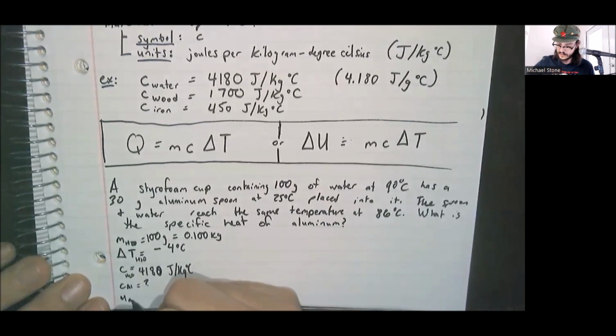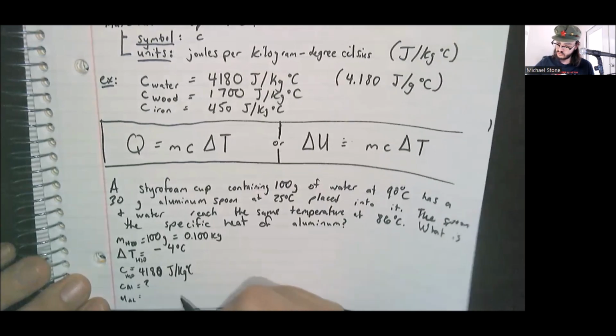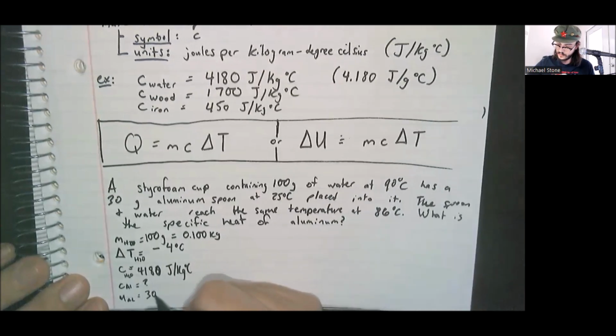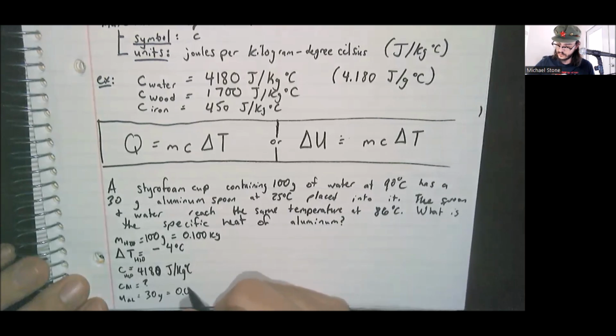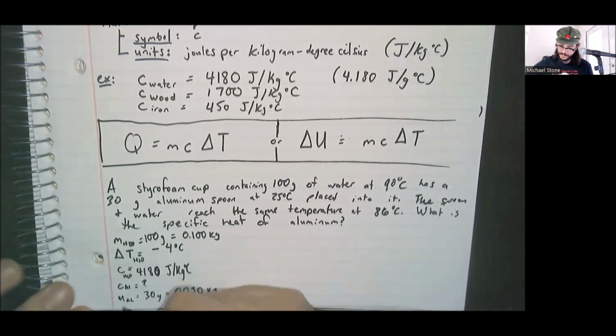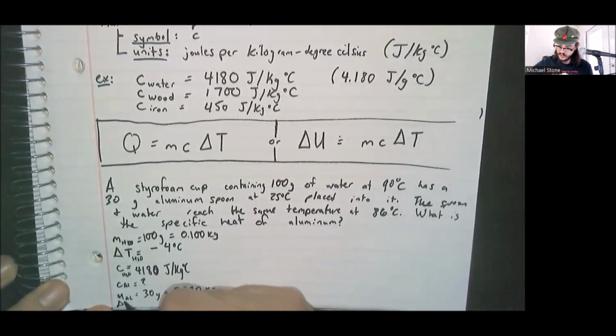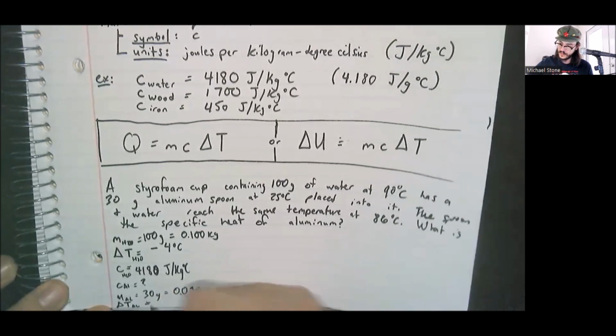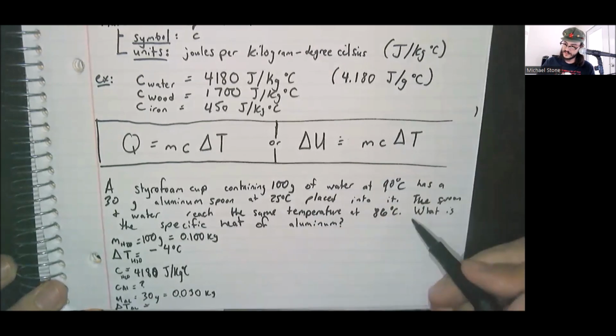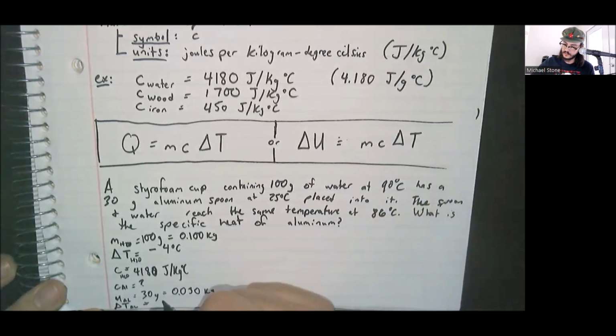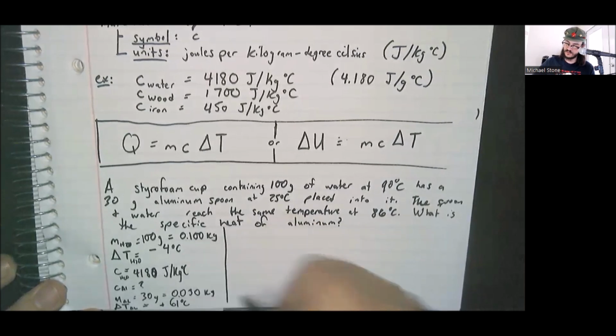The mass of aluminum is 30 grams, which is 0.03 kilograms. And the change in temperature for the aluminum, it goes from 25 to 86. So that is positive 61 degrees Celsius shift.